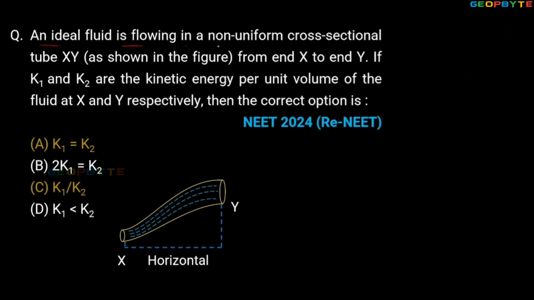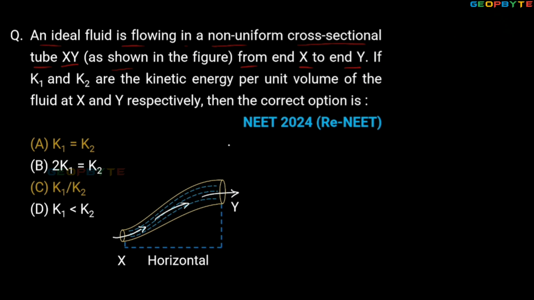in a non-uniform cross-sectional tube XY shown in figure from end X to end Y. It is clearly given that the fluid is flowing from end X to end Y like this. Now it is given ideal fluid. Assume that ideal fluid is liquid, then density remains constant.